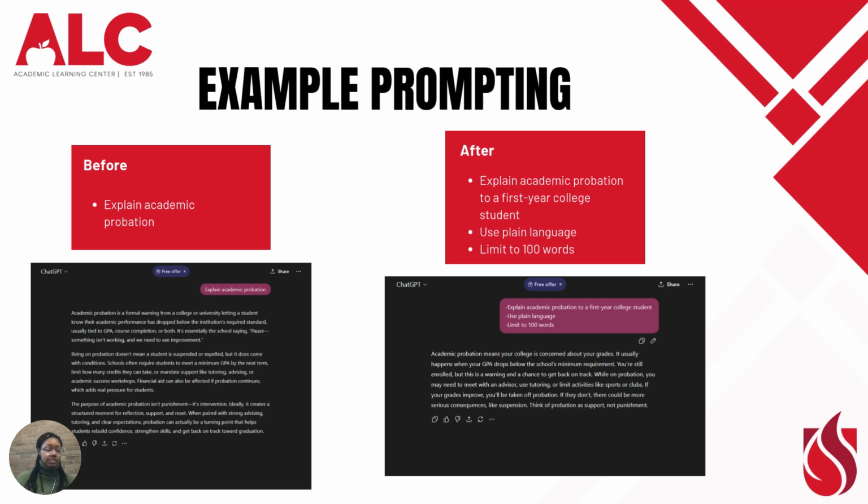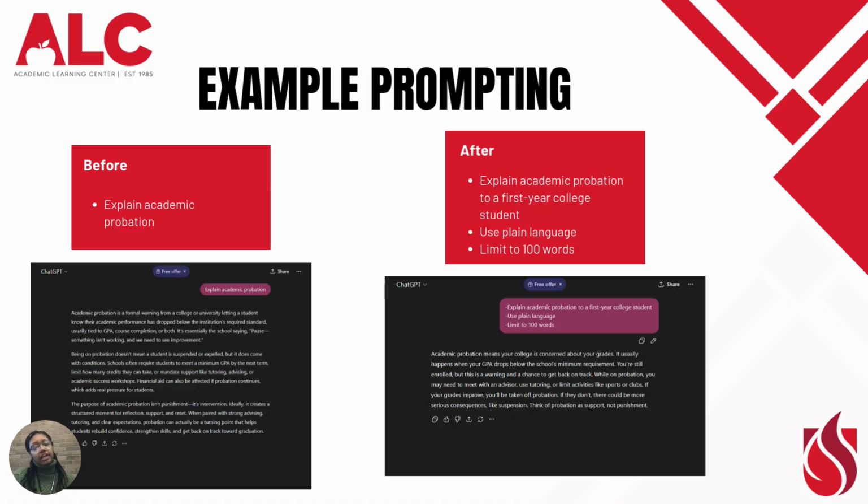And of course, just like the regular AI, it gave me a whole long list of things, right? And we don't want it to be so generic and so long. Instead, I put explain academic probation to a first year college student, use plain language, and also limit it to 100 words. And then it gave me a little bit of a better response, something I'm looking for.